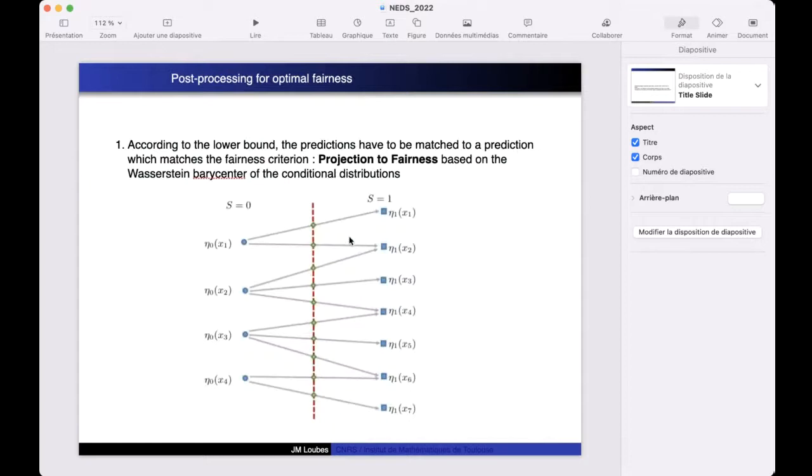So you can also understand this as a way to post-process. In fact, to achieve optimality, I put here the bias estimator, but in fact, if I had any machine learning algorithm, then I could have a model for men, a model for women, and I look at the optimal transport between the scores and I push them into the barycenter.